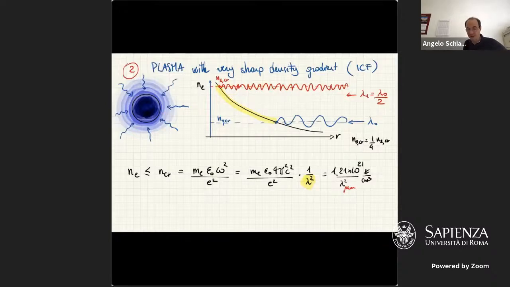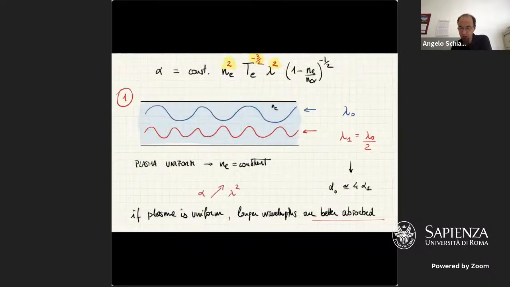So in order to understand this, which is telling us that it seems that a shorter wavelength can have a much higher absorption, let's re-express alpha, the attenuation coefficient, as a function not of the density of the electrons, but of the ratio of electron density to critical density. Then we can see a scaling law in terms of not just the value of the electron density, but of the ratio of electron density to the critical density.